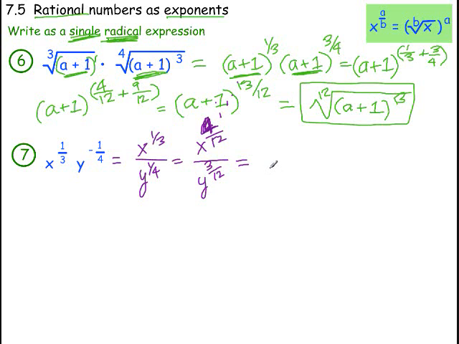So now I've got, let me write it this way. I've got an index of 12. In my numerator, after I've taken that index out of there, I've got x to the 4th power, root 12 of x to the 4th power divided by y to the 3rd power.